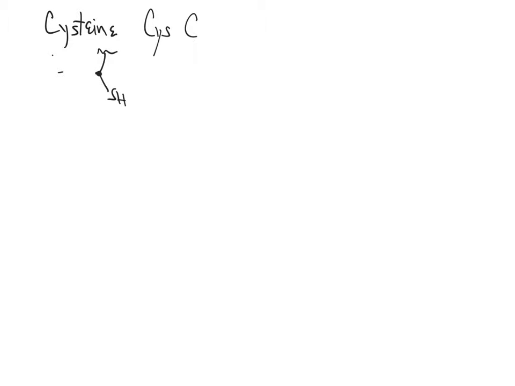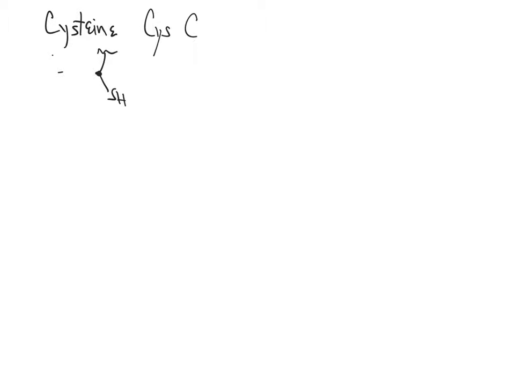Now, that hydrogen can pop off and it can be a negatively charged S, because remember, sulfurs are better nucleophiles and better leaving groups than oxygen. And so then, what's it called whenever a thiol loses its hydrogen? Thiolate. Okay, so that's why it's really important. What's another thing that cysteines can do that none of the other amino acids can do?